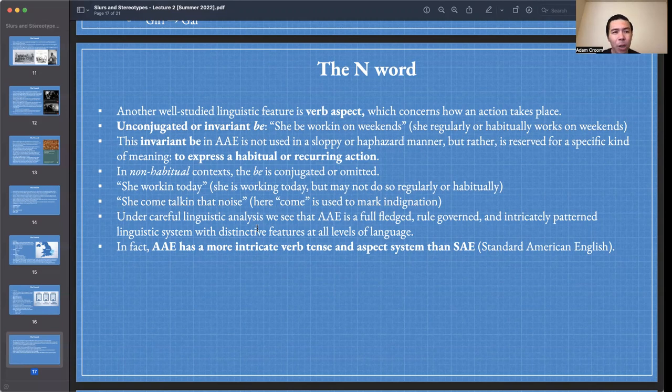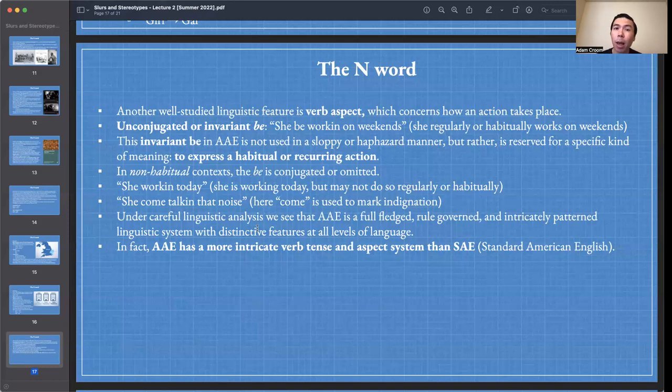So for example, like I mentioned, she working today means she's working today, but not regularly or habitually. And so here we're seeing that AAE has a pretty complex usage of verb aspect.